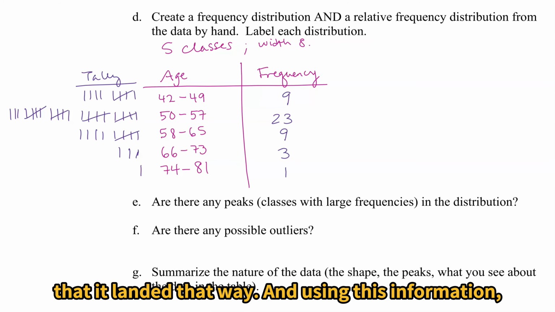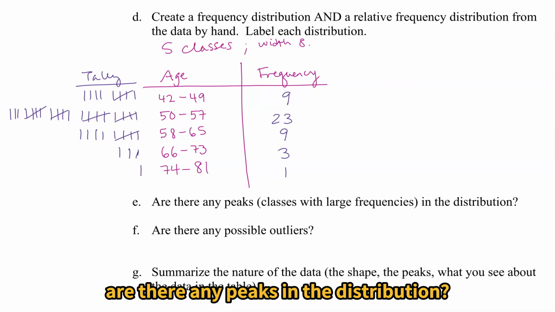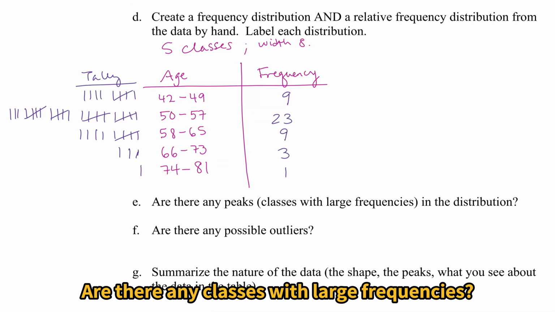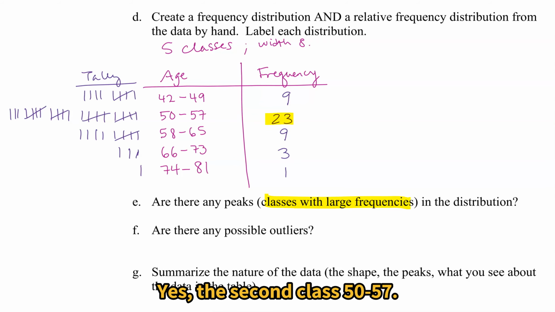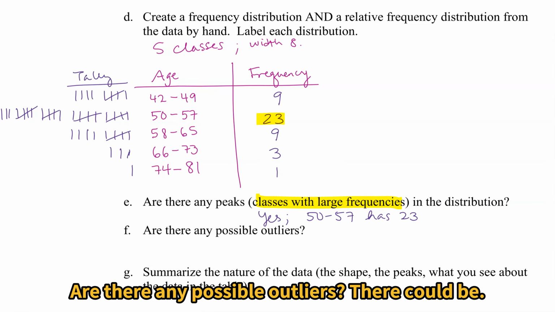And using this information, we can answer some questions. So part E, are there any peaks in the distribution? Are there any classes with large frequencies? Yes. This second class, 50 to 57, there were 23 in that class, which is pretty significant. Are there any possible outliers?